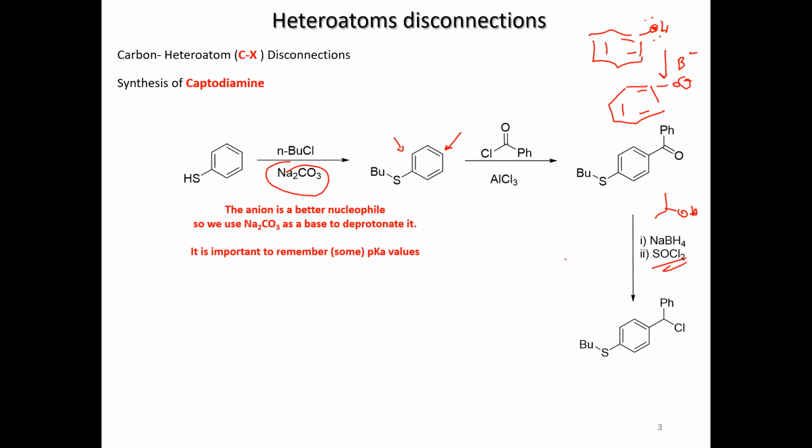If instead of using thionyl chloride, you use what? PCl3, phosphorus trichloride, phosphorus pentachloride as well. They all work. They're all quite good to substitute, at some point in your reaction, your hydroxyl group with a chloride.